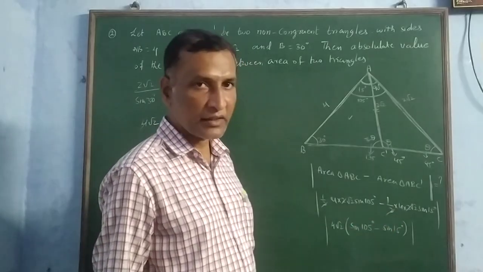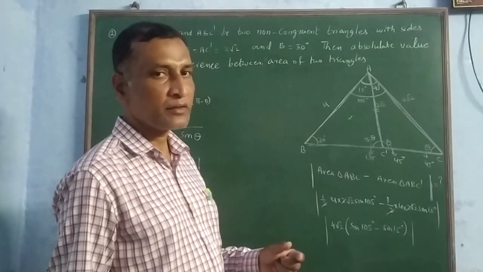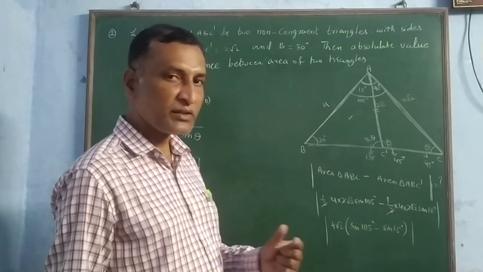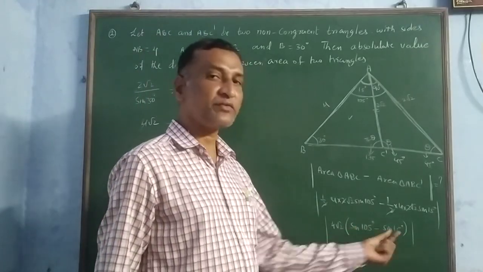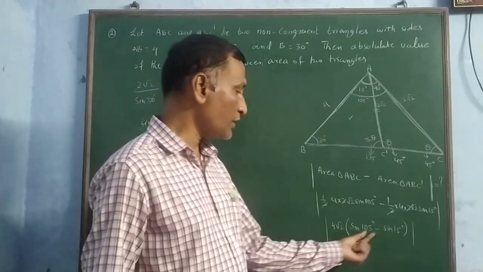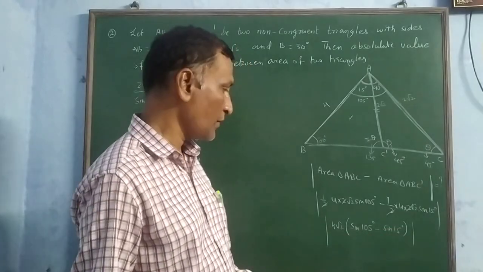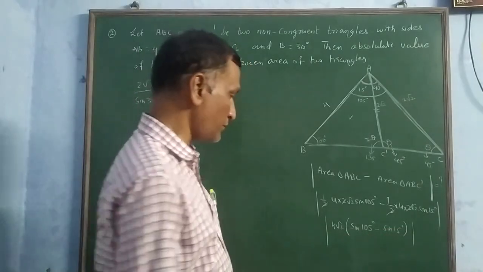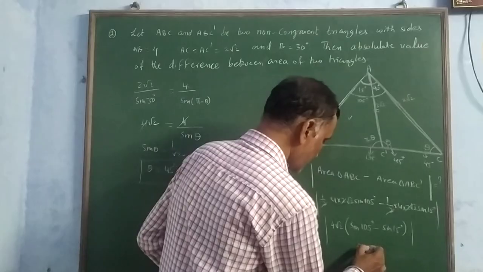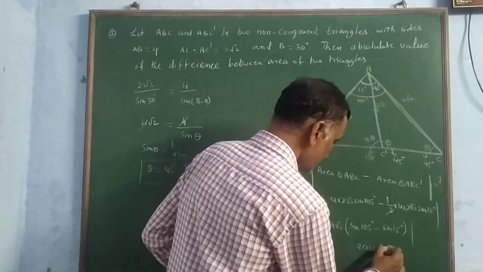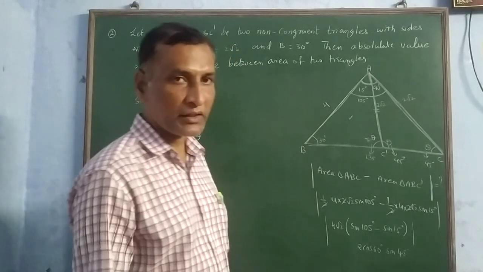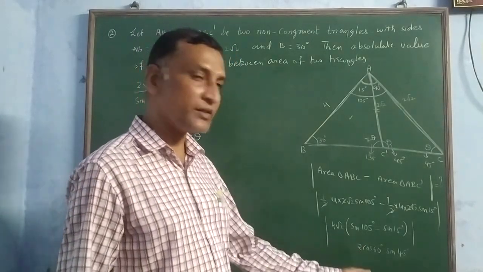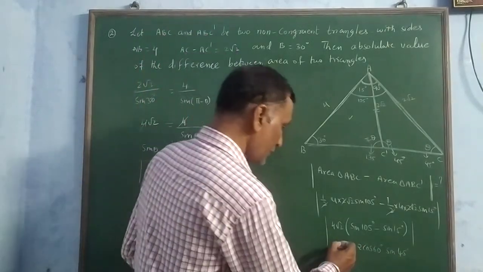Sin C minus sin D equals 2 cos (C plus D) by 2 sin (C minus D) by 2. 105 plus 15, 120. 120 by 2, 60. So 2 cos 60. Sin is 45. 105 minus 15 is 90. 90 half is 45.